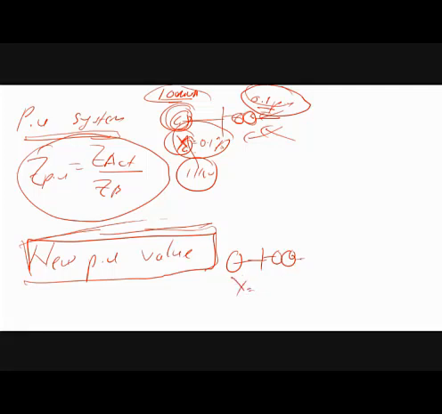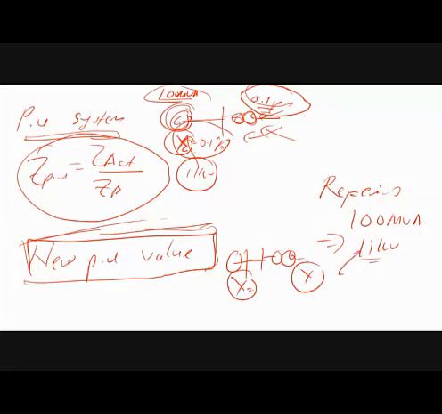This one is new per unit, referring to, let's say, 100 MVA and maybe 11 kV on the generator side and so on. Usually we will give you this value referring to the new base to simplify the calculation.